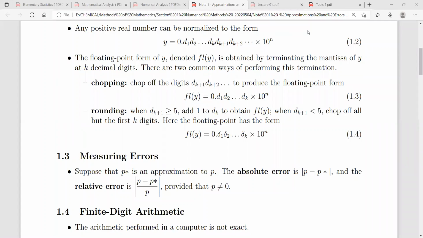Let's say if the floating point form of y is denoted by f′(y). f′(y) means the floating point form of y. That's not exactly this.